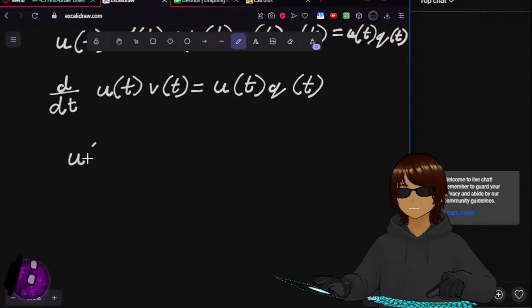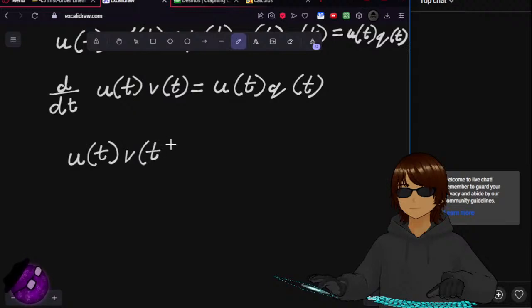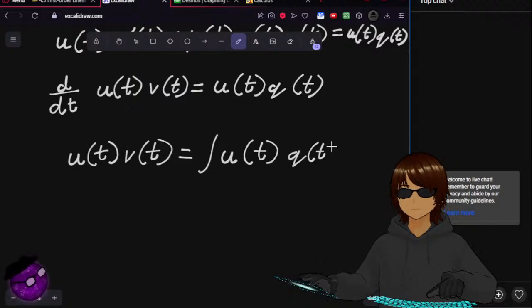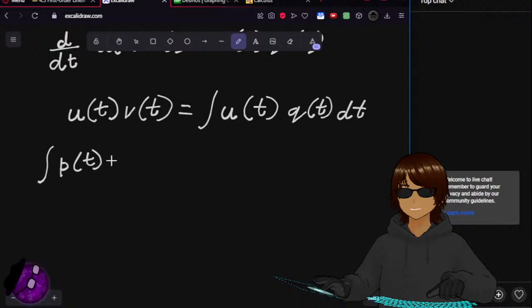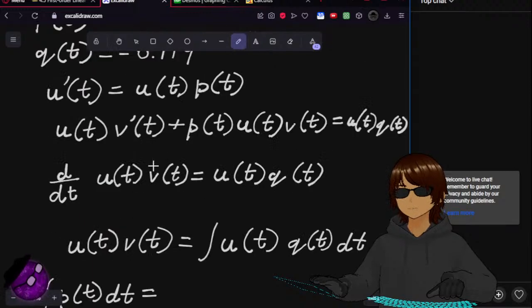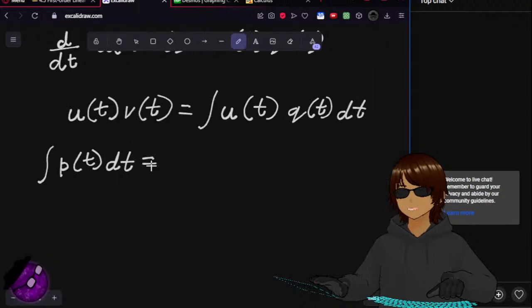Now the integral of P(t) with respect to t is equal to 0.5t plus c.